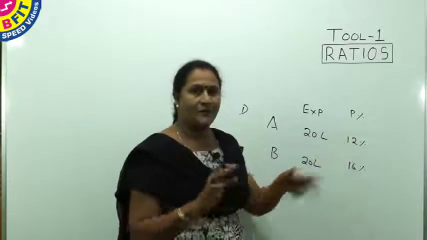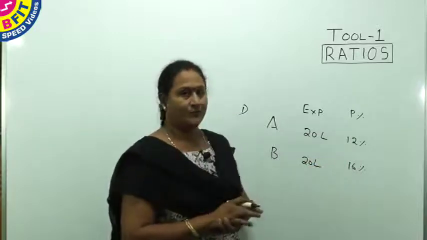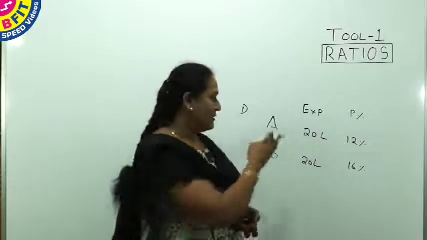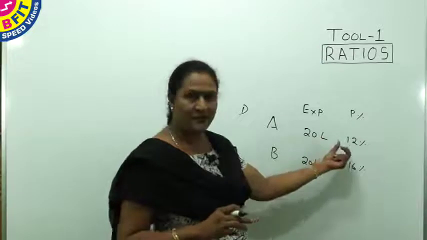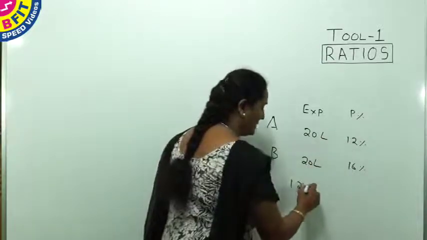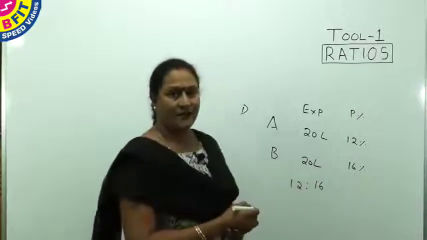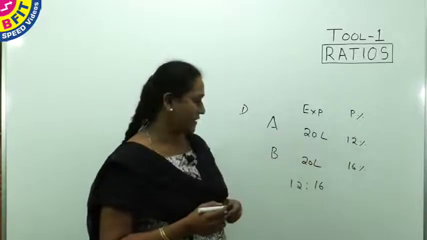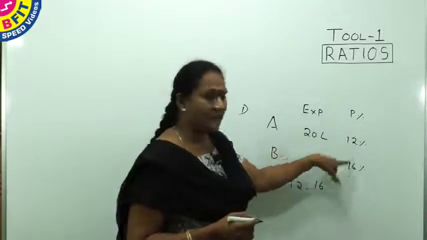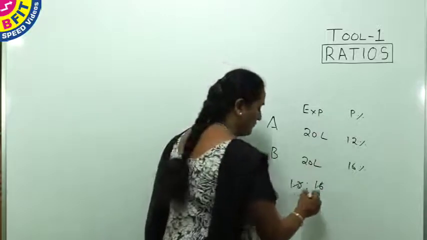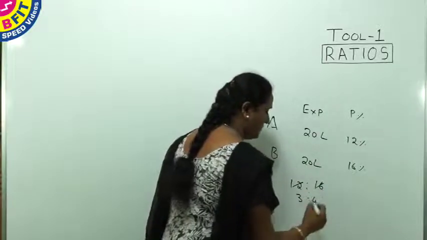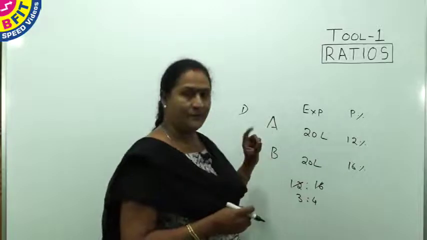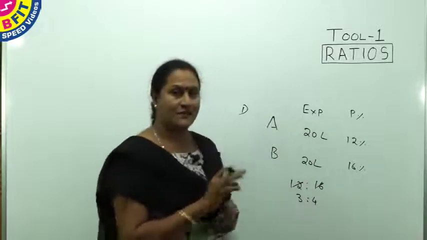Just simplifying the profit percent will give the ratio. Whenever the base expenditure is the same, no need to consider it because it gets cancelled. So just simplify 12:16; 4 times 3 and 4 times 4. The ratio of profit on expenditure is 3:4.